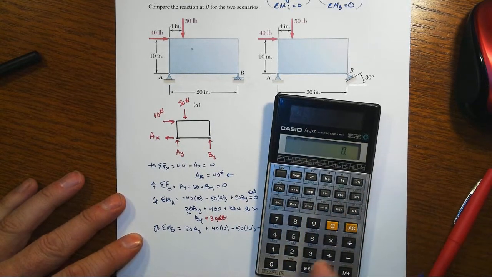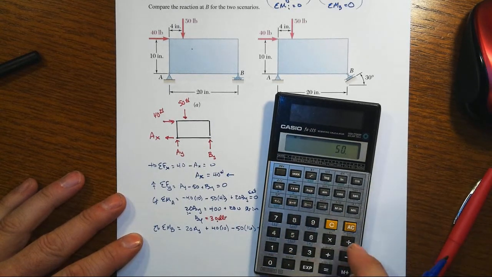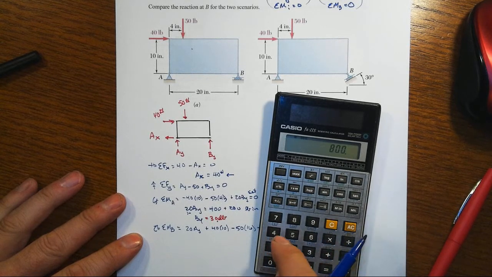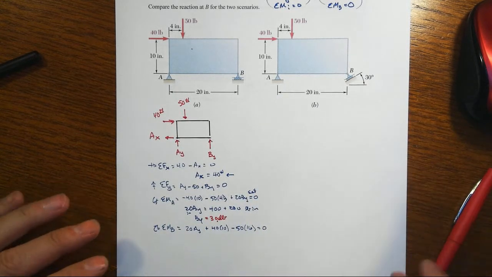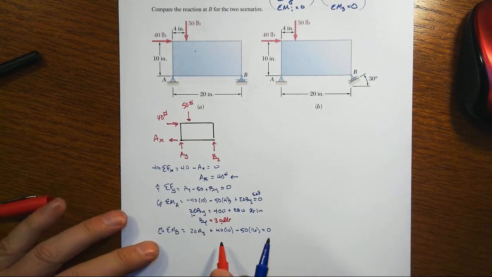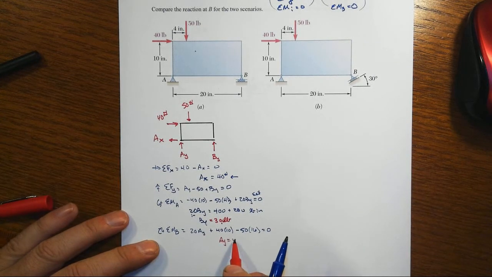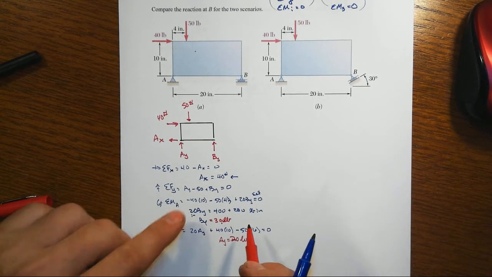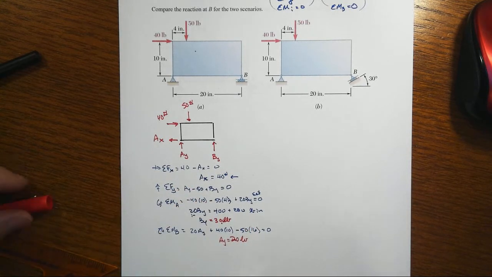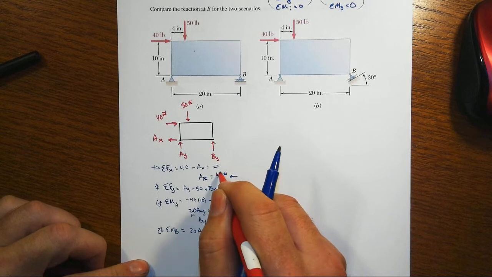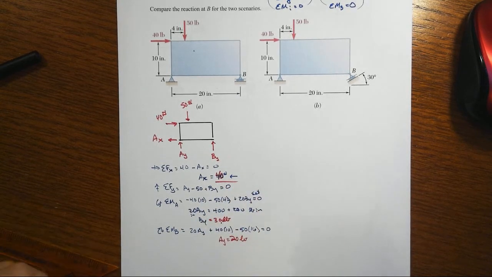Right? So I'm not going to try to do that one in my head. I didn't do so well last time on that. 50 times 16 minus 40 times 10, or 400, and that equals 400 divided by 20. Look at that! AY is going to be equal to 20 pounds, just like we said it would. Plug it back into here and we get equilibrium. We did it independently. I think we have a good set of reactions here.